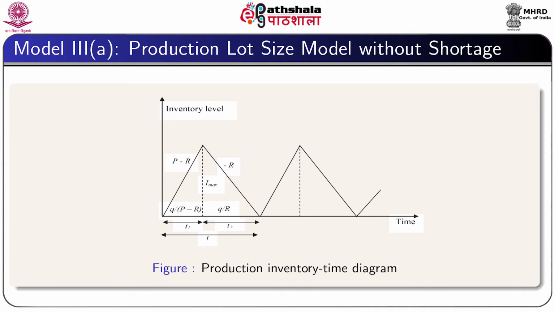Since the production is stopped, but demand is still there, the inventory level gradually decreases until it reaches 0 after time T2, and the same cycle repeats again and again.